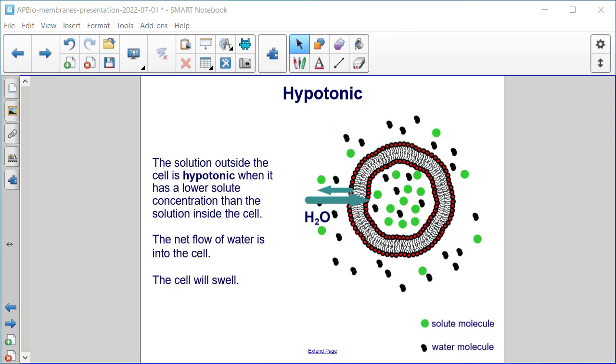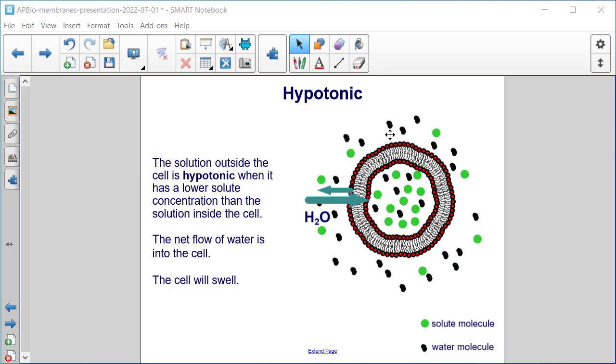Hypotonic. The solution outside the cell is what we call hypotonic when it has a lower solute concentration than the solution inside the cell. So take a look here. Inside the cell, there are many green solute molecules and fewer water molecules. You can see outside of the cell, there's more water and less solute.